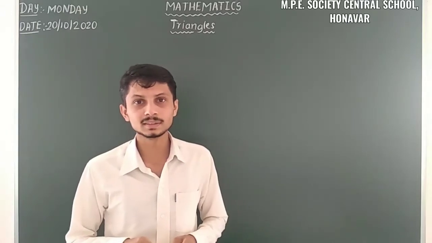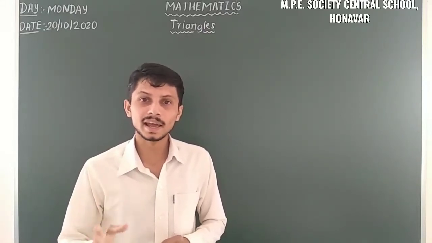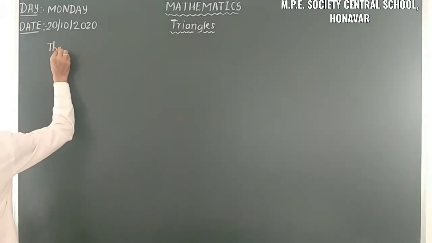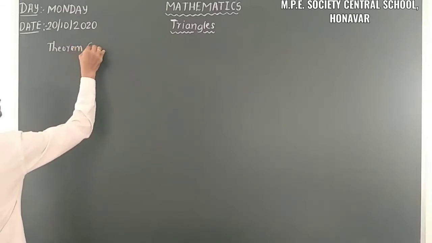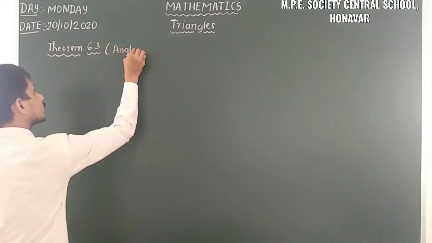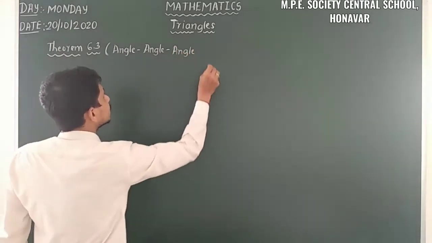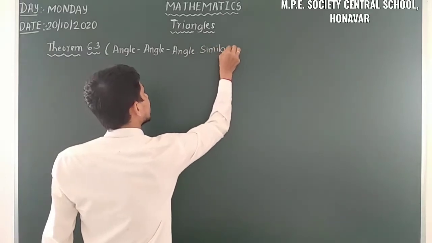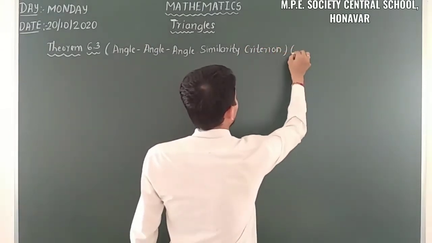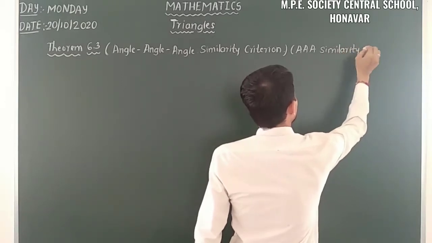So here let us move on to the next topic, that is theorem 6.3 or AAA similarity criterion, or angle similarity criterion, that is theorem 6.3.